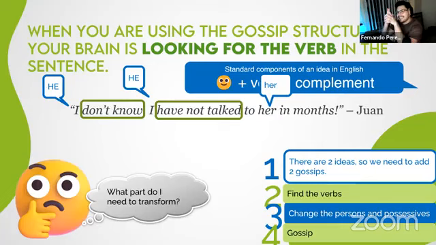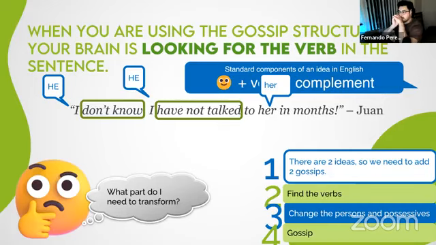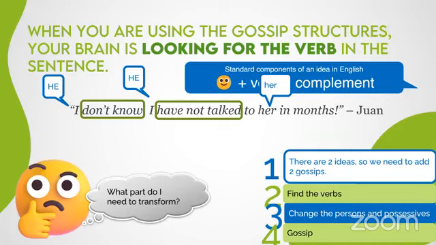Exactly. That's the principal part. The verb is just a verb. The auxiliary is the most important part. Always. In this first part, he don't know.